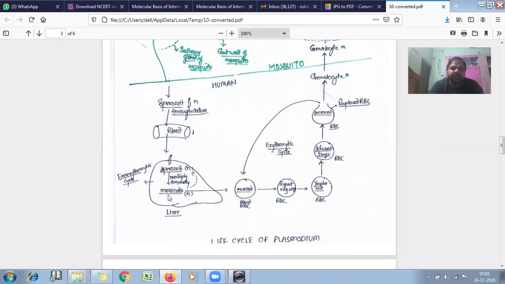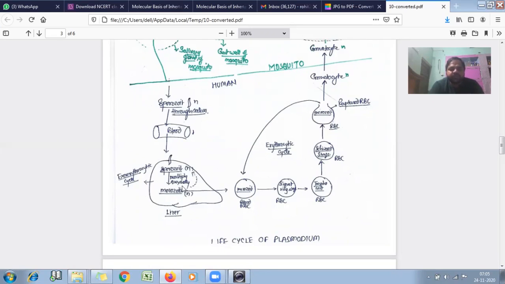Here a cycle will operate, with continuous multiplication of sporozoite to merozoite, merozoite to sporozoite, and this cycle is called the exoerythrocytic cycle, since it occurs outside the blood.